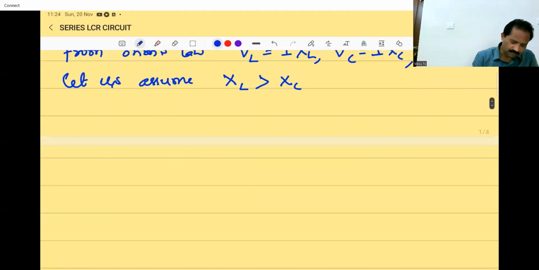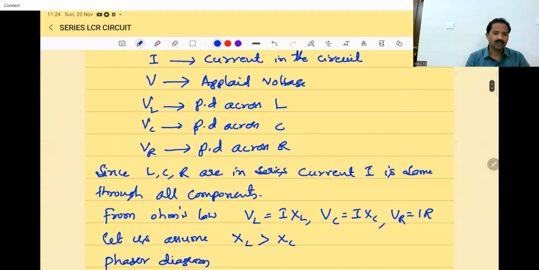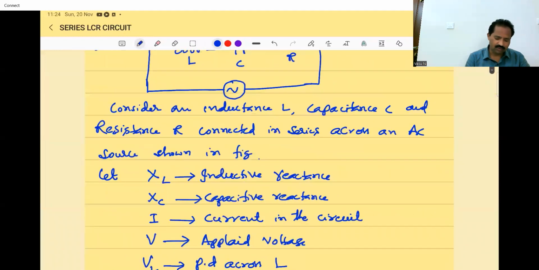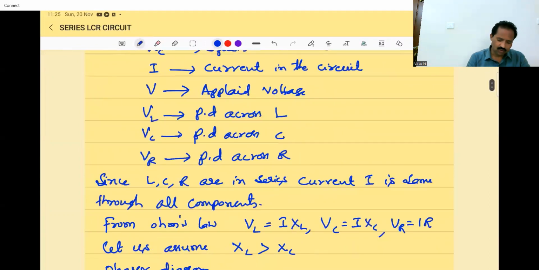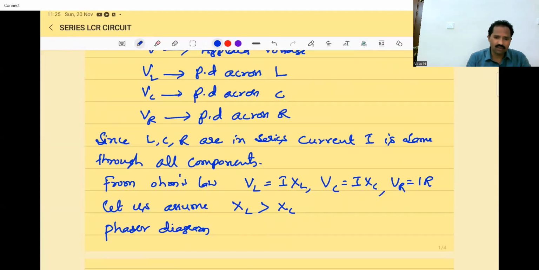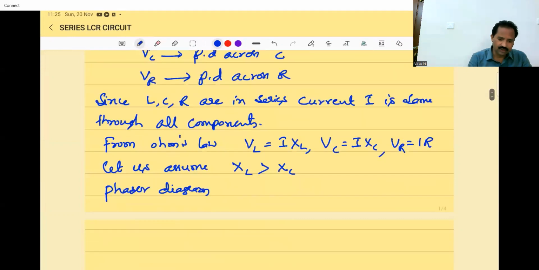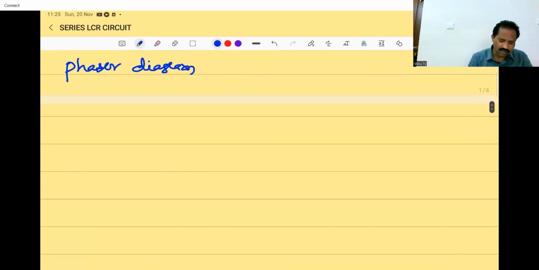You should write all this briefly: circuit diagram, circuit explanation, terminology. So current is the same because they are in series. From Ohm's law, VL is equal to IXL, VC is equal to IXC, VR is equal to IR. Let us assume XL is greater than XC. It is an inductive dominated circuit. Okay, let us construct the phasor diagram.